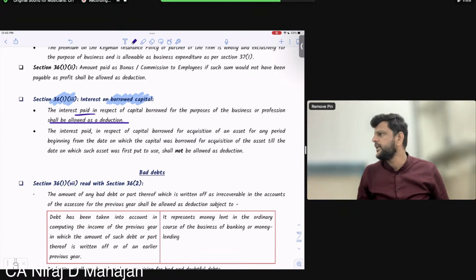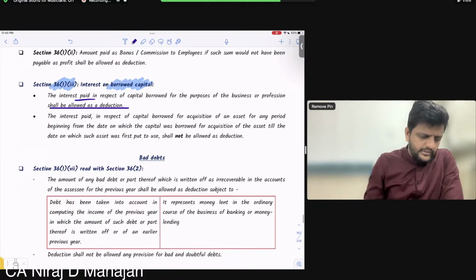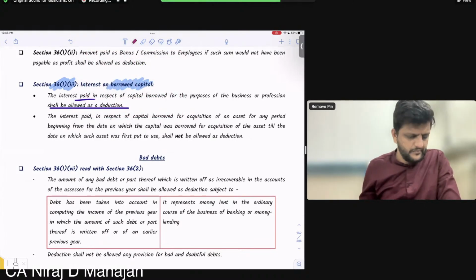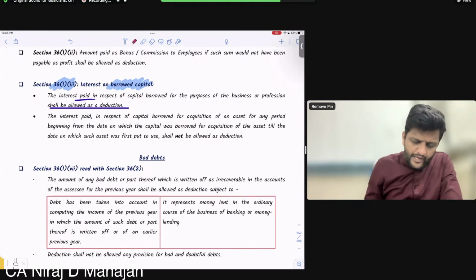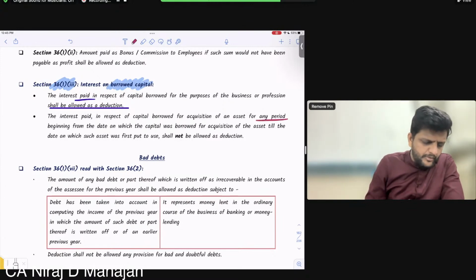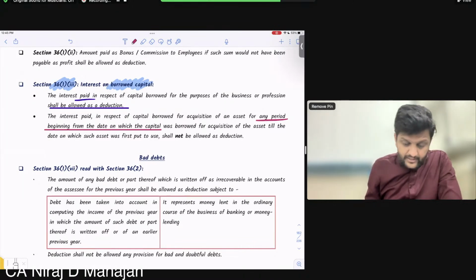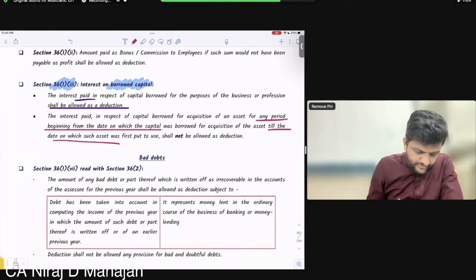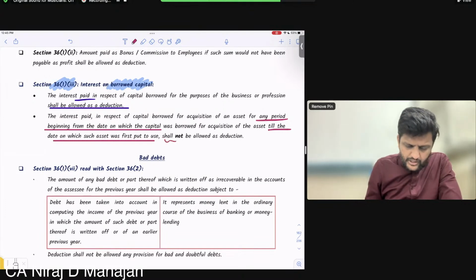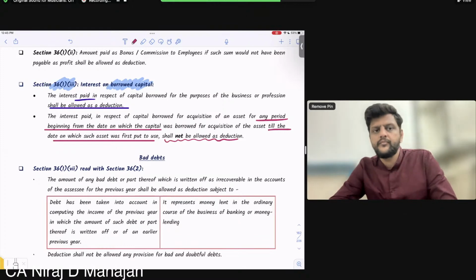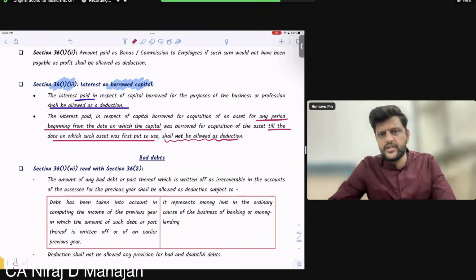Next point. The interest paid in respect of capital borrowed for acquisition of an asset, for any period beginning from the date on which the capital was borrowed till the date on which the asset was first put to use, shall not be allowed as deduction. Simply, what are they saying?